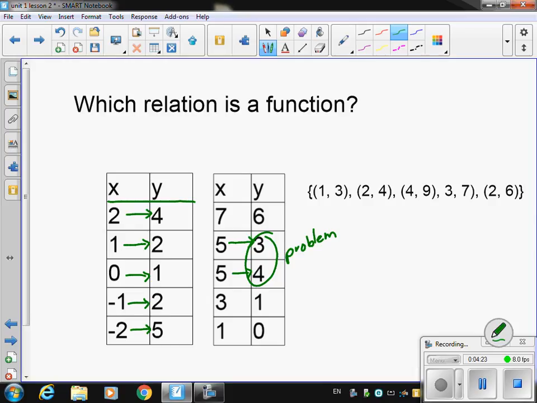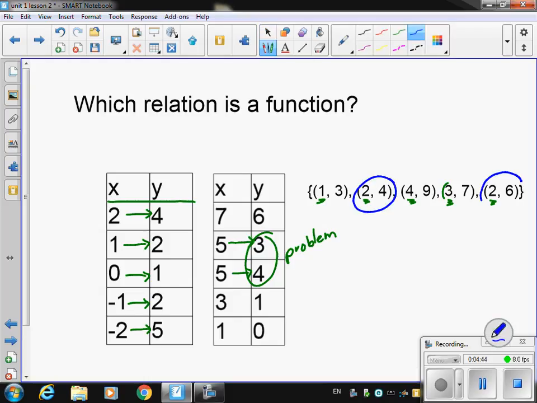This is a set of ordered pairs, the third example, which I could also plot on a graph if I wished, and sometimes that's a faster way of telling if something's a function or not. But I'm going to look at my x values and make sure that for every x value, there is only one y value. I see I have a problem.